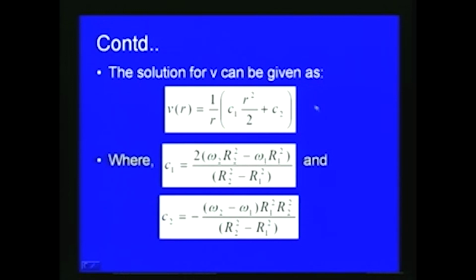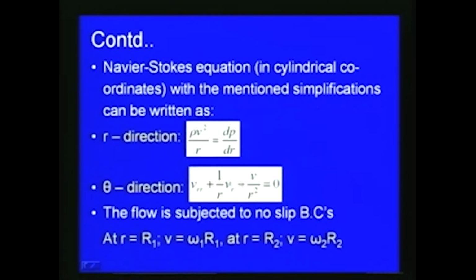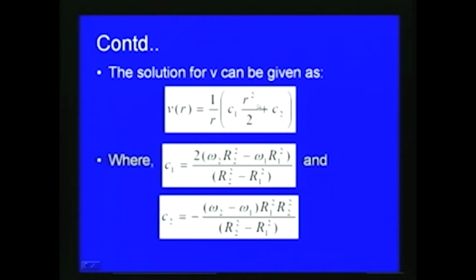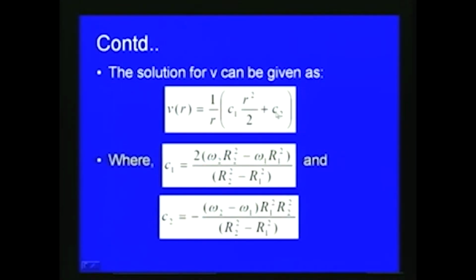As we have seen in the previous case, in the theta direction we have a second derivative of the velocity. So, we can integrate this equation and there will be two constants C1 and C2. Finally, we get the solution V is equal to 1 by r into C1 into r square by 2 plus C2. This is the expression for the velocity variation for this typical problem.